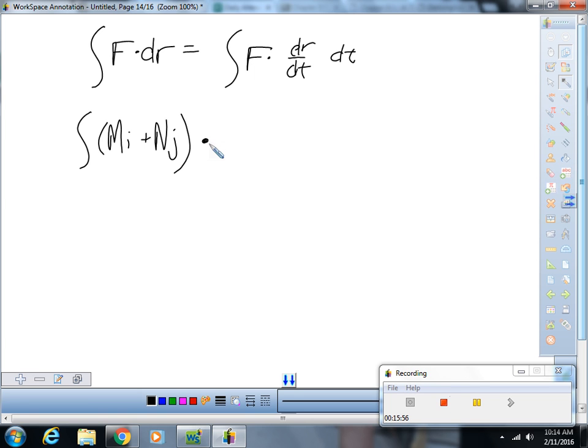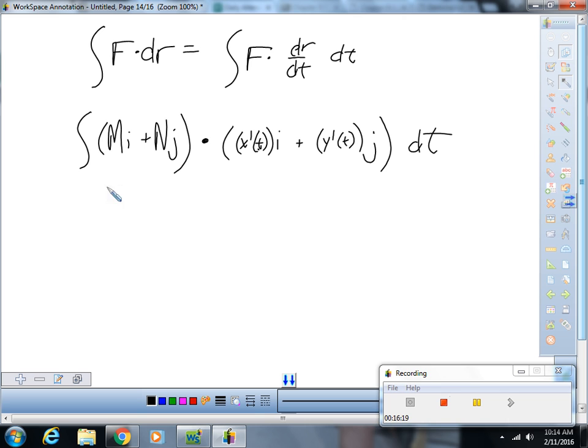So we're going to dot that with dr. Well, dr is x prime of t i plus y prime of t j, and then we still need a dt here. Okay, all we're doing here is getting into a different notation, which is going to take us into a whole different math class, which is called differential equations. Okay, it's all good. It's all the same.